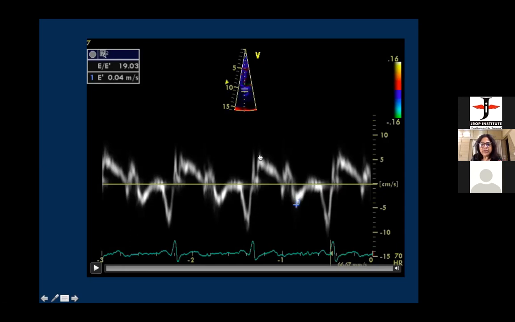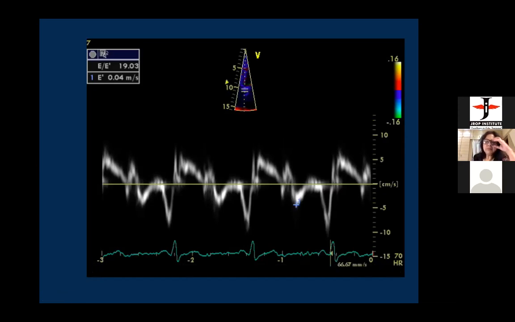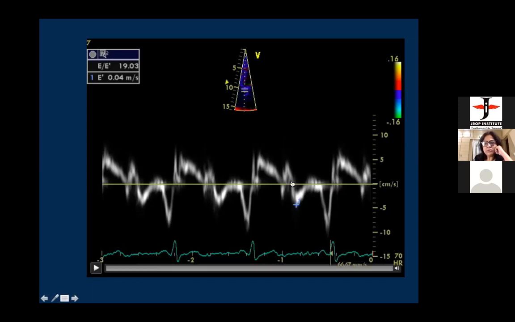This is the aortic valve opening, the end of systole, and here is the opening of the mitral valve. You can measure from here to here. You just measure this time interval, and that is enough to talk about isovolumic relaxation.